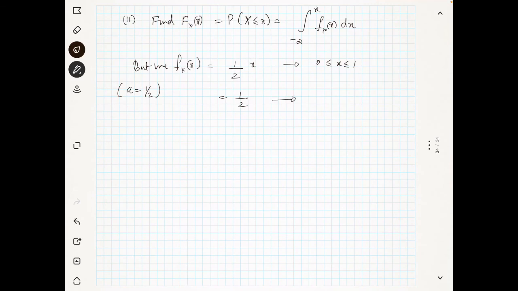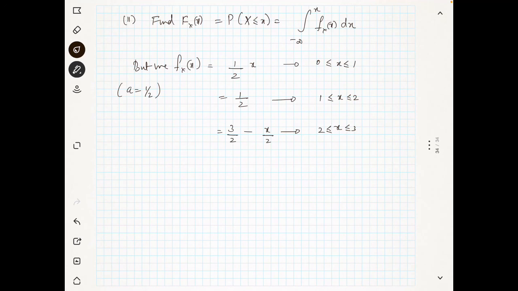This was the value between 1 and 2, which is equal to 3 by 2, and 3a minus x by 2 was the situation between 2 and 3.